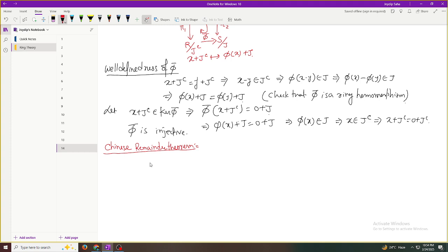Chinese remainder theorem, co-maximal condition. At first, an observation.